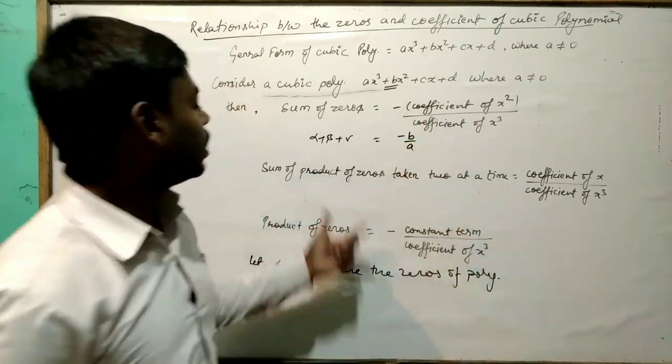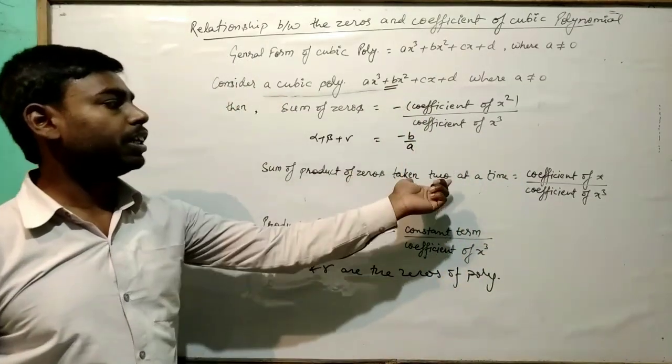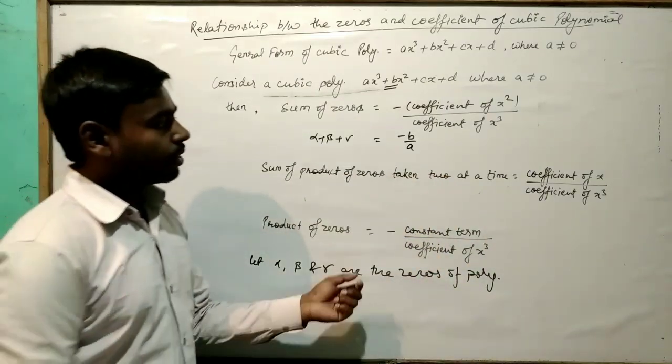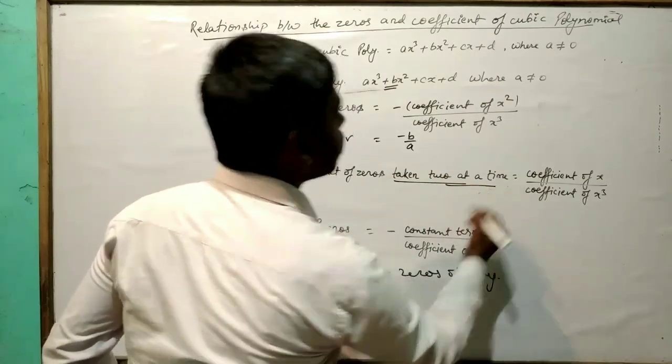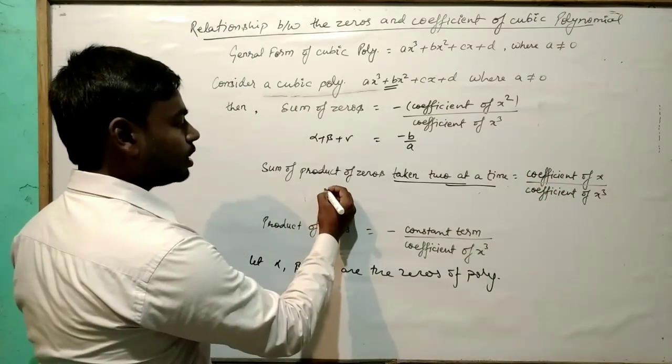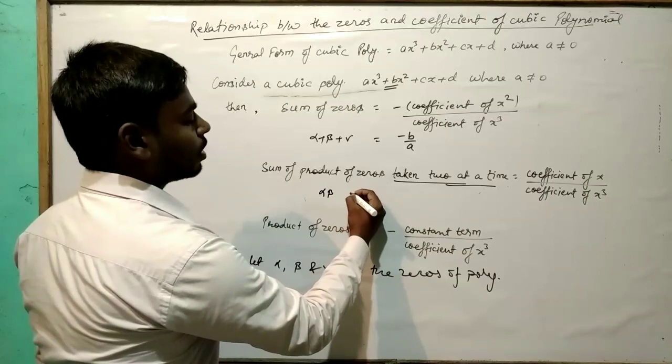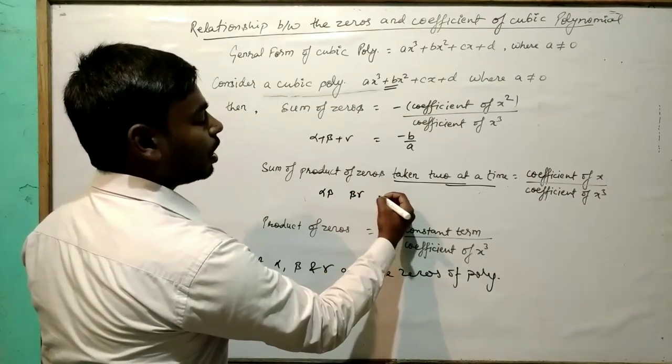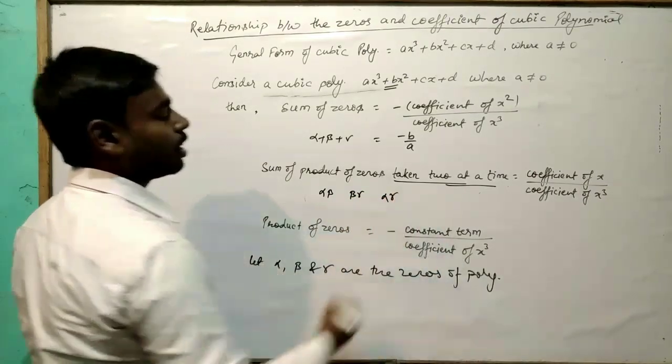The coefficient of x square here is b, and of x cube is a. The sum of the product of zeros taken two at a time is equal to coefficient of x by coefficient of x cube, that is alpha into beta, beta into gamma, and alpha into gamma.